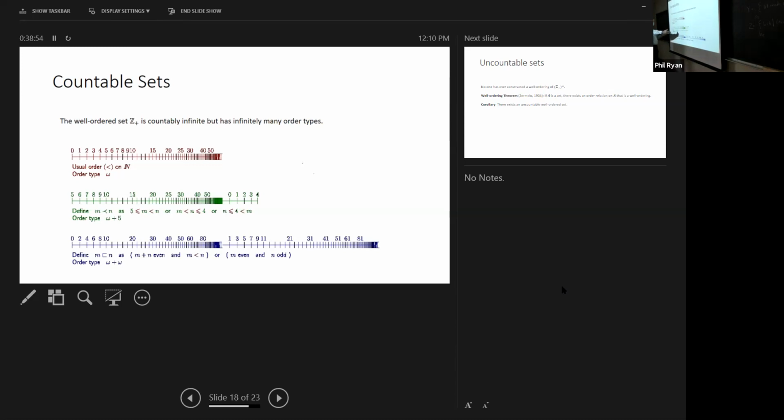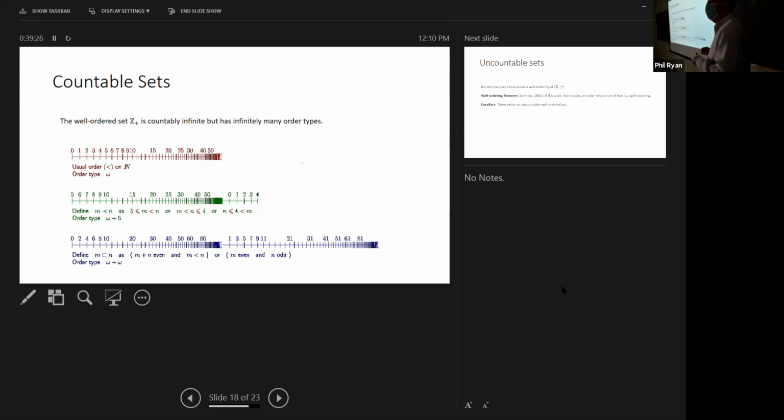Or you can put even numbers first and then odd numbers. This is basically the way that you would put an order on Z. So Z can be given this kind of order type. This is order type omega plus omega. Okay, so omega is an order type.